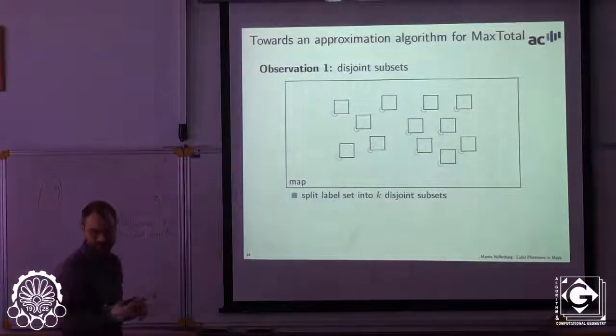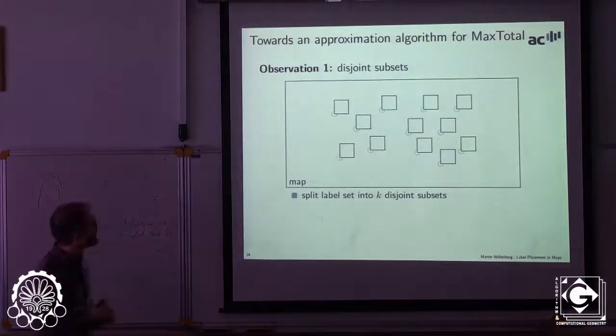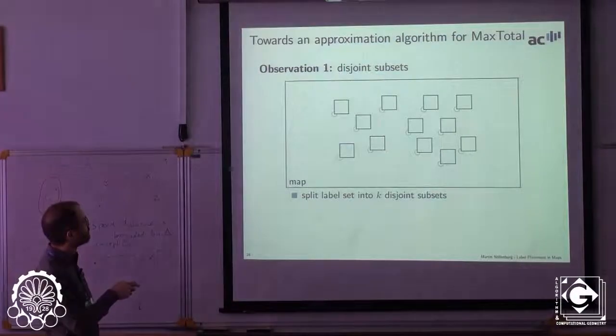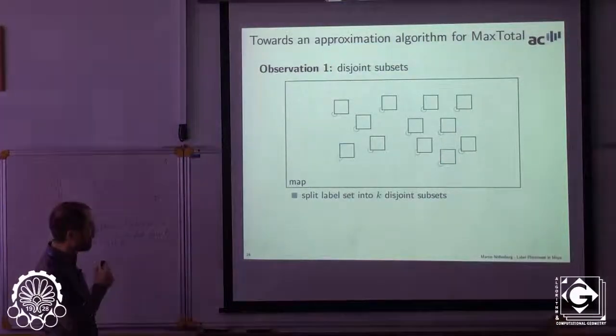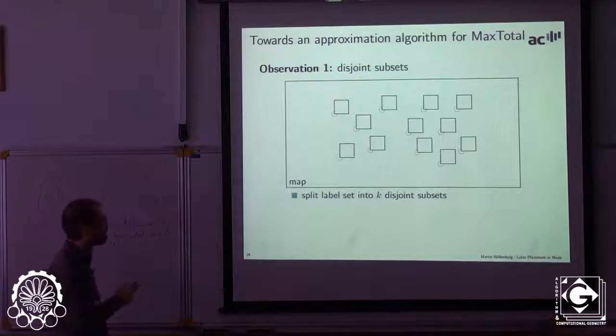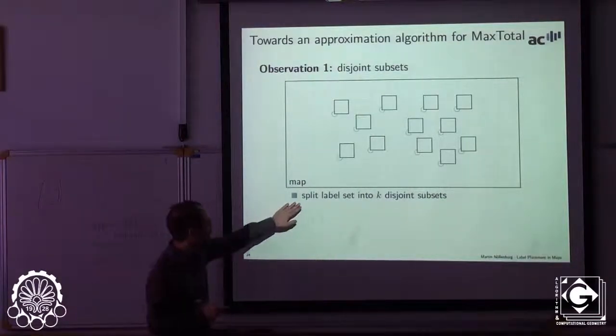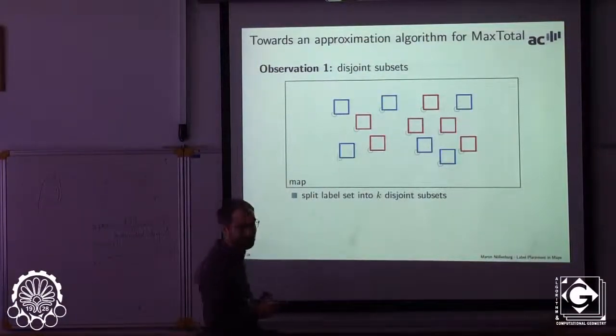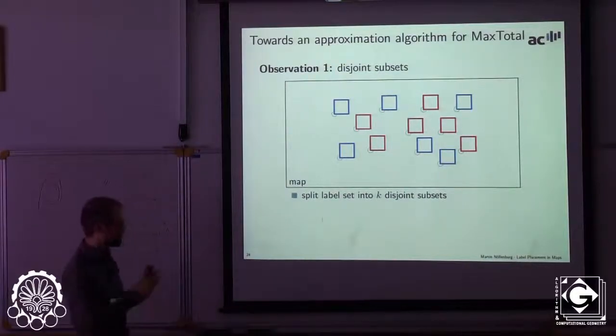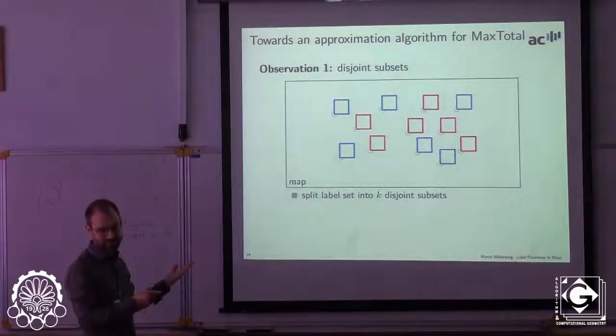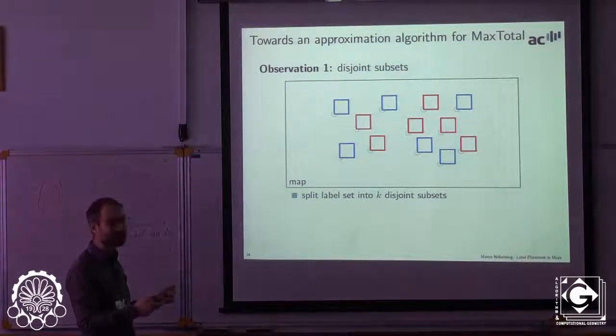So we want to do this slightly more efficiently, using some ideas for getting approximations. Observation 1 is that if you have disjoint subsets, for example, if we split our label set into the red labels and the blue labels, and magically from some oracle we could get the optimum solution for blue and the optimum solution for red, then one of them is a 1/2 approximation for the global thing, by the pigeonhole principle.